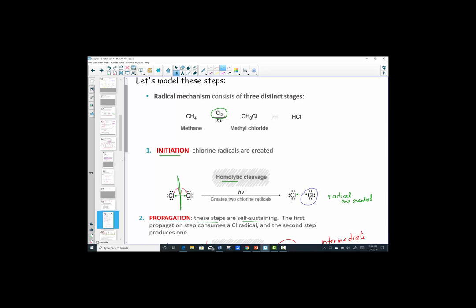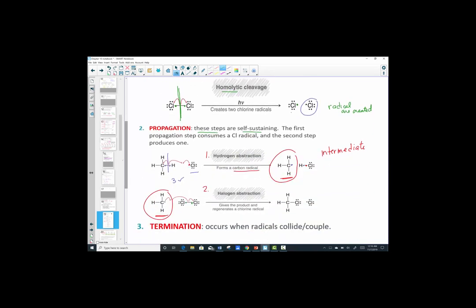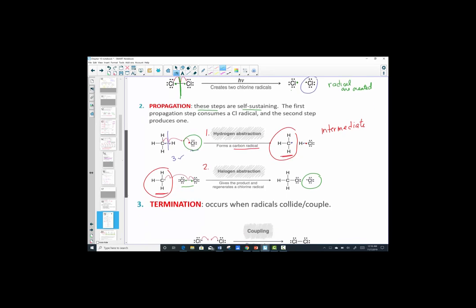These radicals then became the first reactant that was used and then regenerated. So the molecular chlorine plays a role here in terms of the halogen abstraction. So we have a lone electron on this carbon radical and a shared pair between the chlorine.